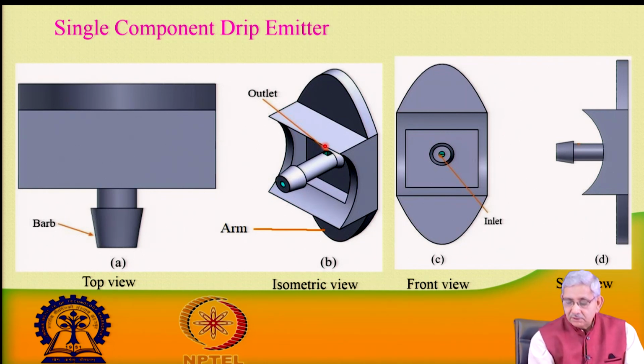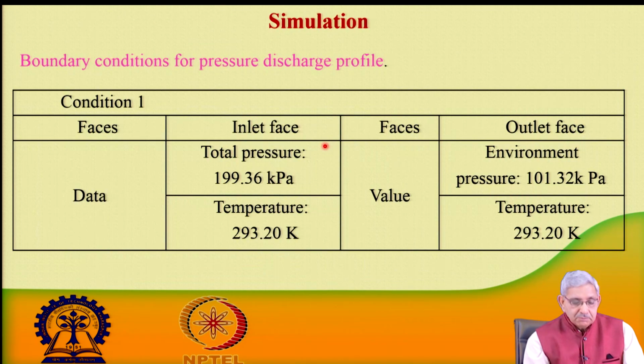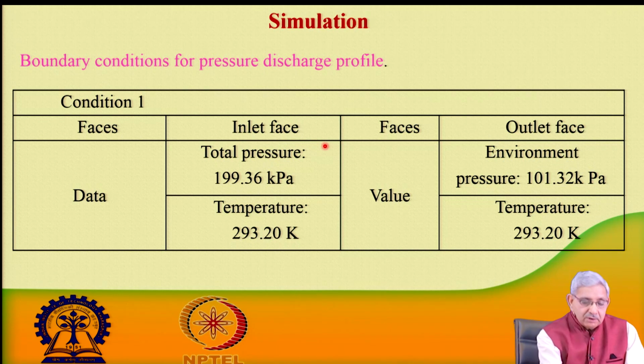This has also been designed using SolidWorks software, and these are the different views of these drippers: top view, isometric view, front view, and side view. When we are simulating the flow, we give boundary conditions.